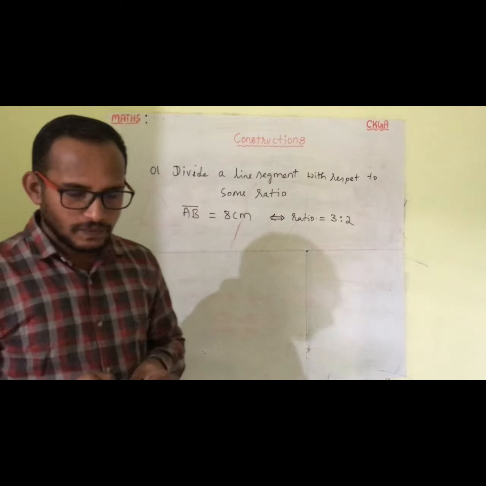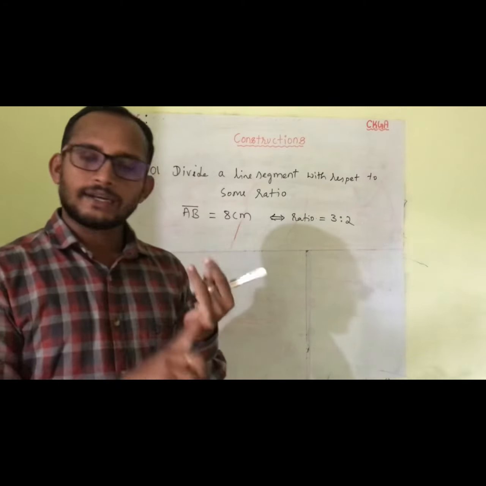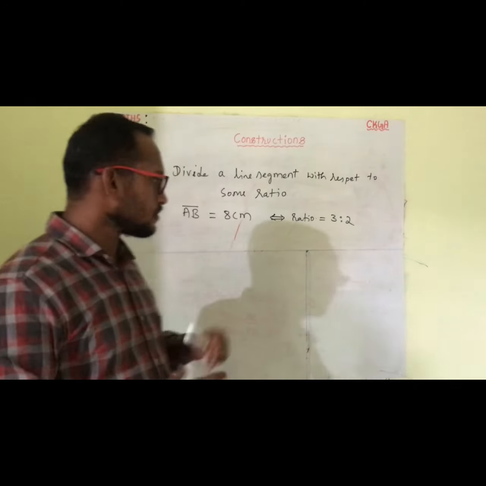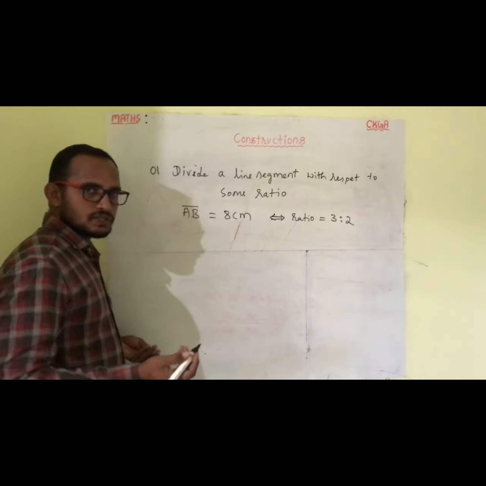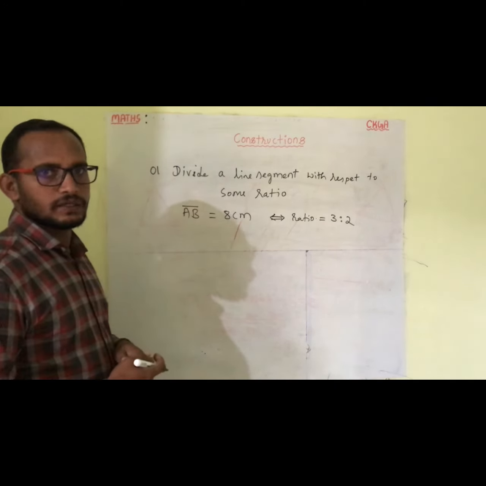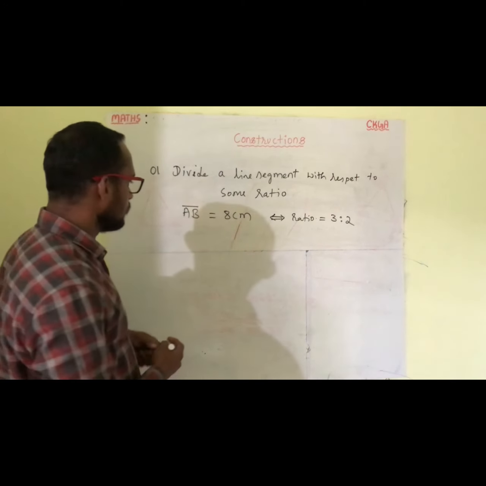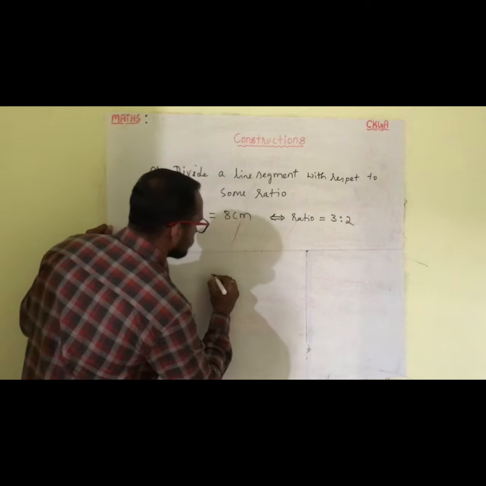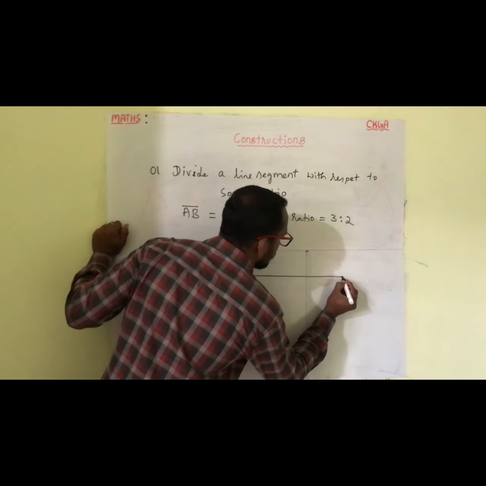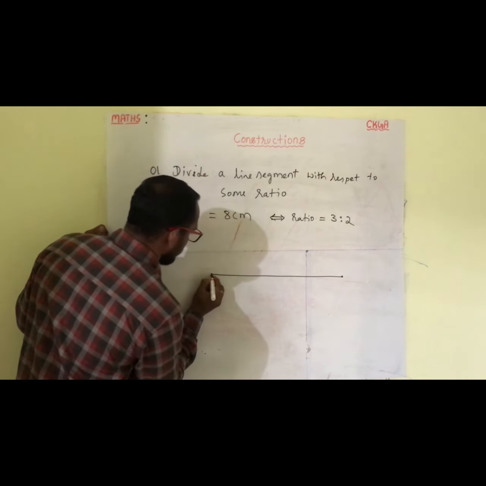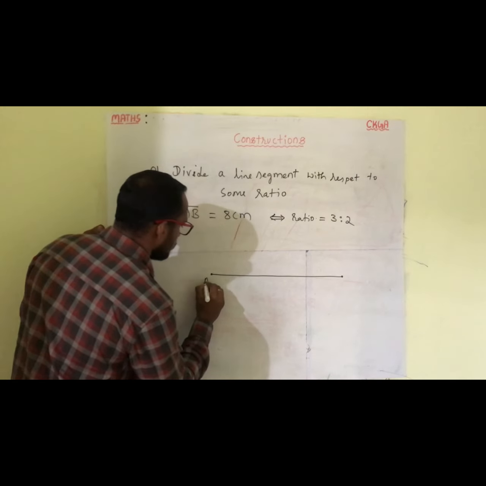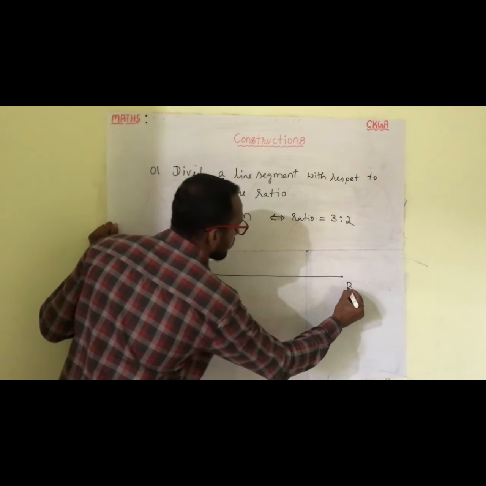To do this, as I told you, you just need a ruler and a compass. So start by taking a sheet of paper and a ruler, and draw a line segment of 8 centimeters. I'll mark those two endpoints and name it AB.